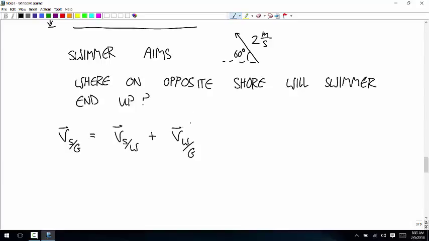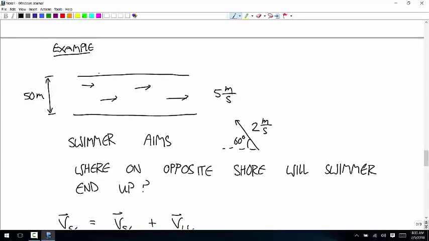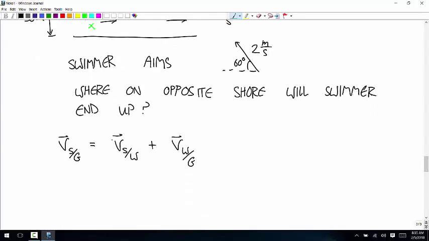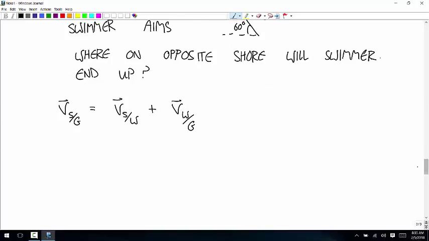The velocity of the water relative to the ground, what's that? Yeah, that's the current. And if we do a coordinate system like this, then that's in the positive x direction. And what's the velocity of the swimmer relative to the water? Yeah, and we have to be a little careful with that angle, but that's the right idea.